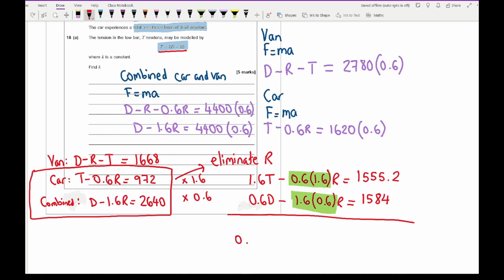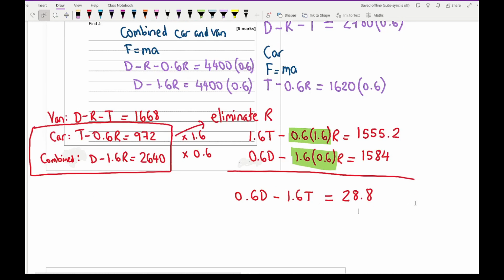we would get 0.6D minus 1.6T. The coefficients of R would be the same, so that would give us a coefficient of 0, so we won't write that in. And then the subtraction on the right hand side would give us 28.8. Now it's at this stage that I'm going to replace T with what it gave us in the question.